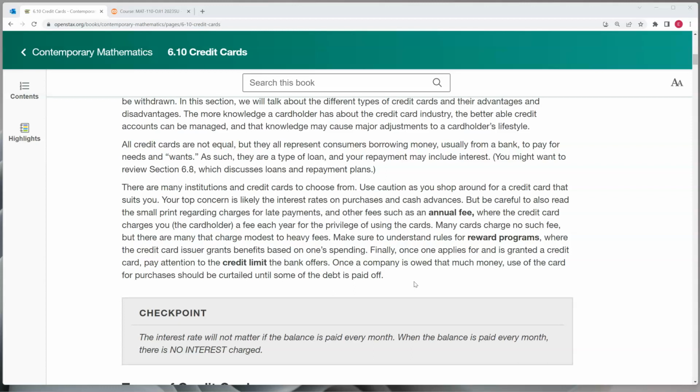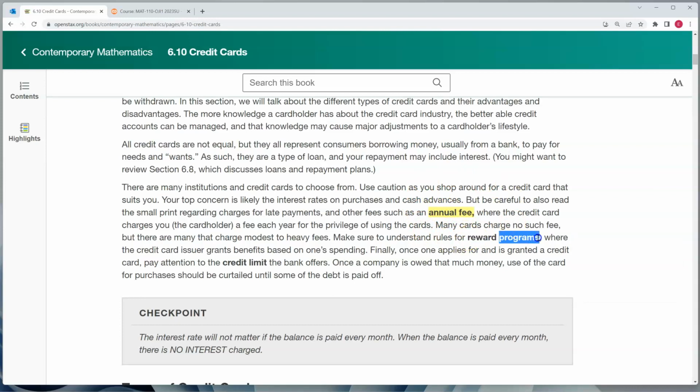Some credit cards have what are known as annual fees, which is literally a fee that you pay every year in order to just have the card. It's not an optional kind of thing. You have to pay it in order to receive the card. I would argue that there are more cards out there that do not have a fee than there are cards that do have a fee. But there are some cards that do have annual fees.